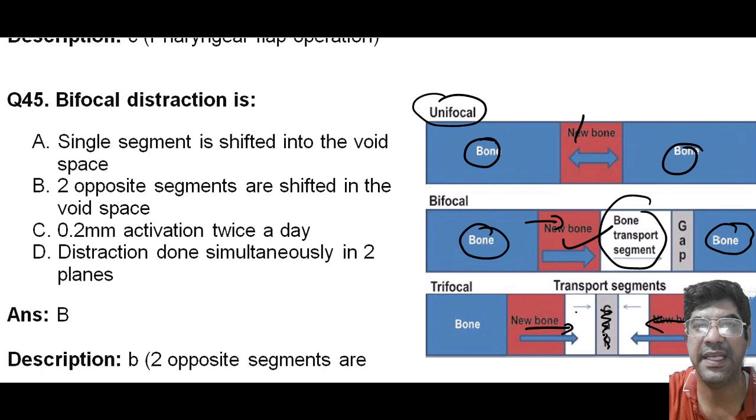This technique is used when there is a larger defect that requires more extensive correction and when three bone segments need to be aligned. So it's used in the case of complex craniofacial anomalies that involve both horizontal and vertical correction.